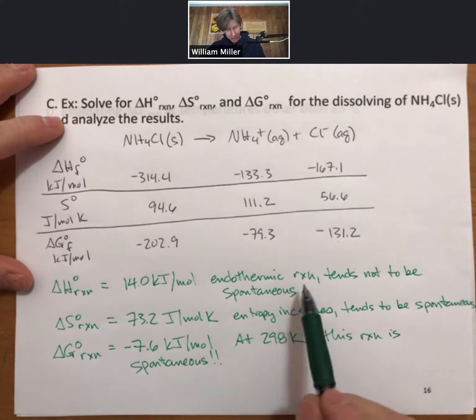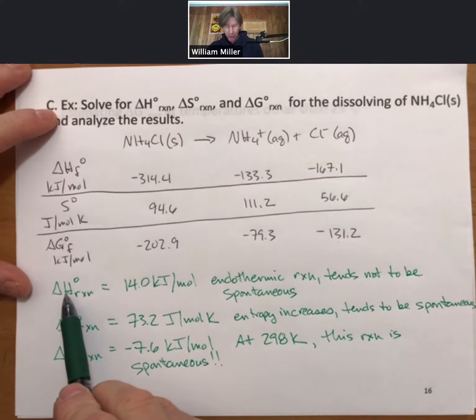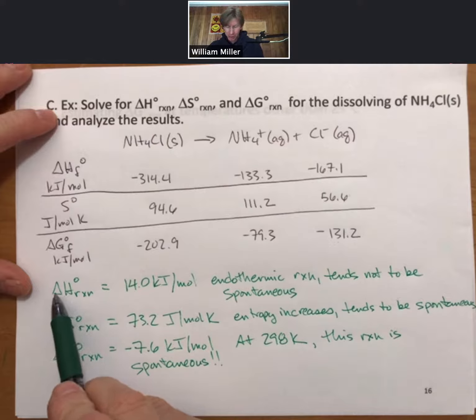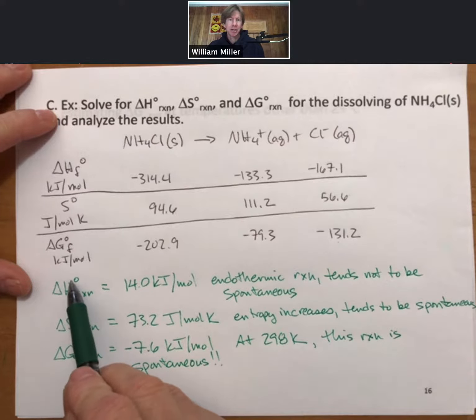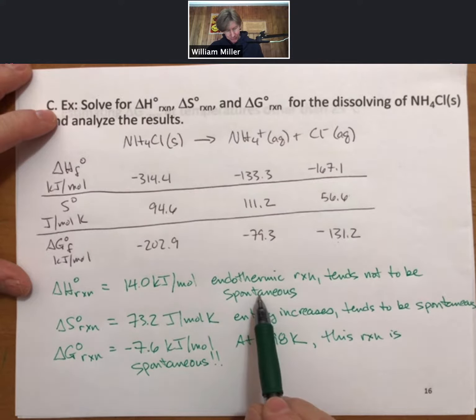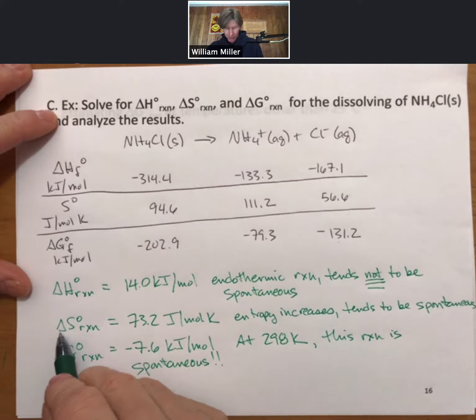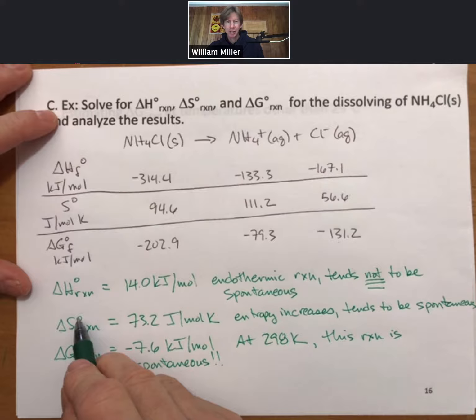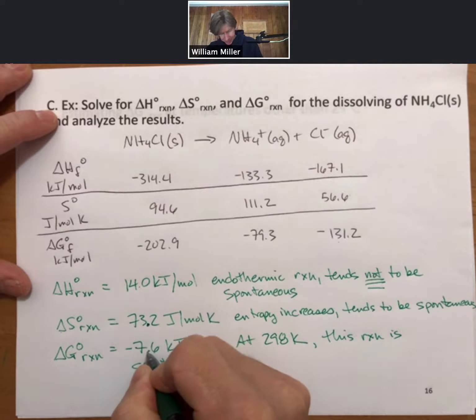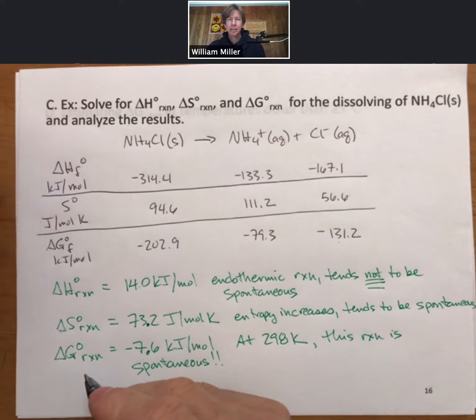All right, now what else can we say? We can say that because one of the thermodynamic functions, the change in enthalpy of reaction at standard conditions, tends not to be spontaneous, and the other one, the change in entropy of reaction under standard conditions, tends to be spontaneous, then when these are different, meaning one tends to not and one tends to be, there will be a temperature at which the reaction changes from spontaneous to non-spontaneous.